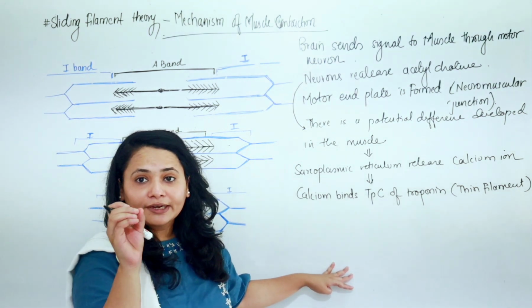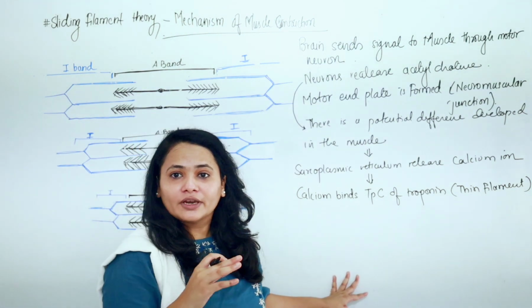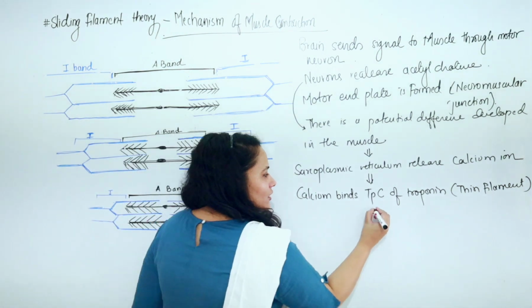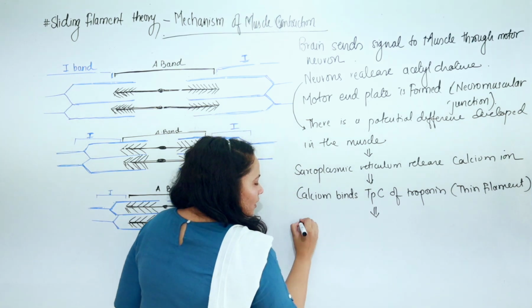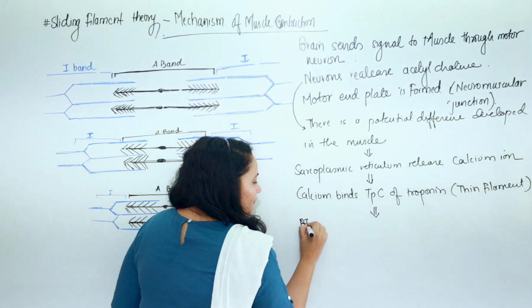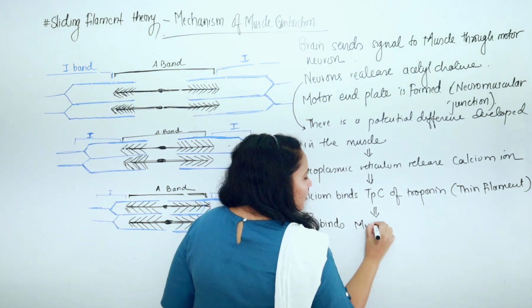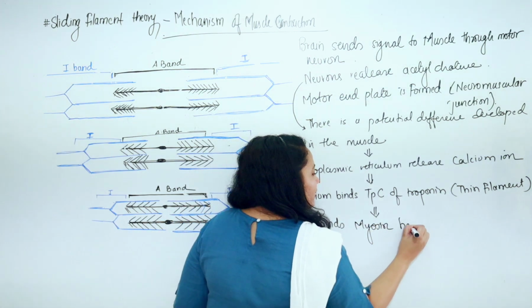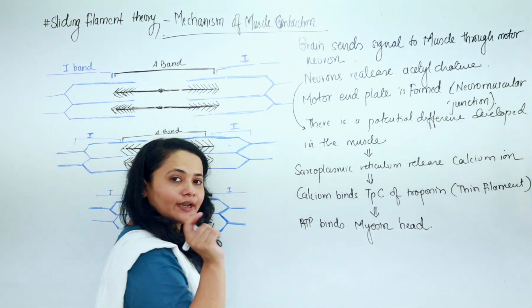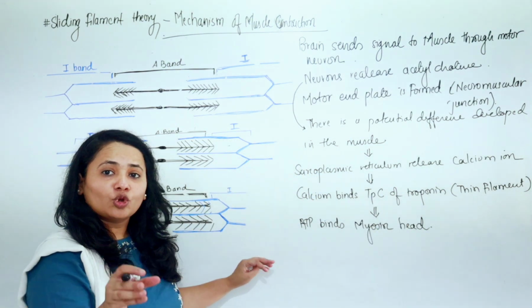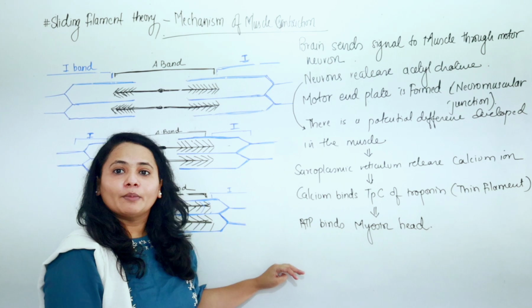We also know that the ATP binding sites are present on the myosin head. So ATP binds to the myosin head.